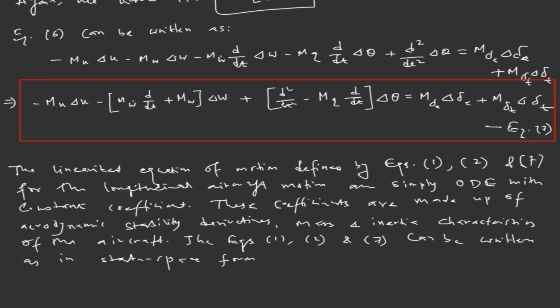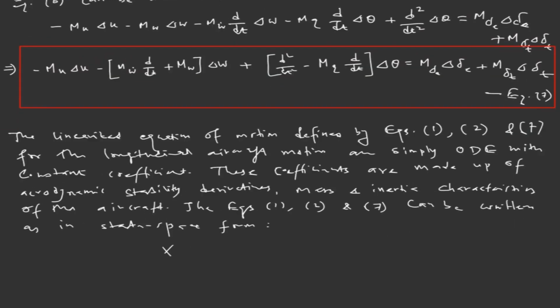We can write in this form x dot equal to Ax plus Bu.